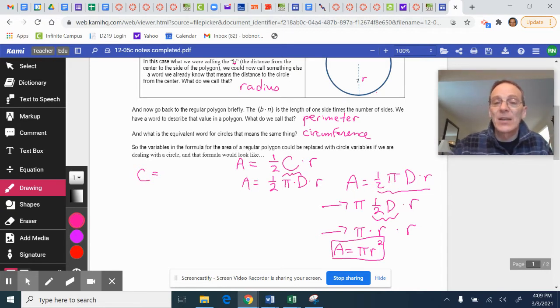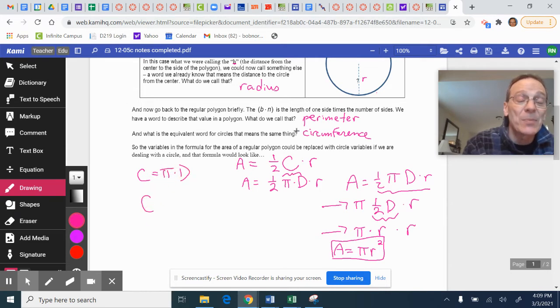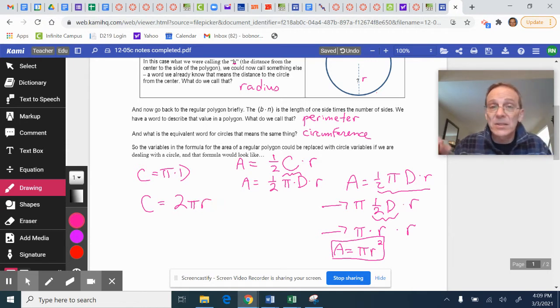It is different from the circumference formula, which is pi times diameter, or as I saw a lot of people writing on the quiz, even though I never mentioned this, 2 pi r. That's legitimate. I have no complaint about that. But why is this legitimate?